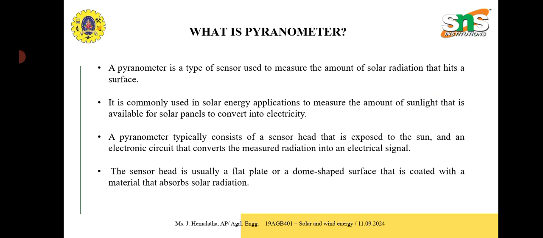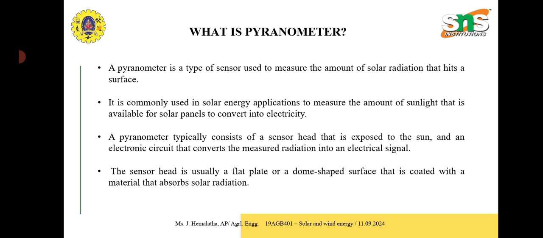Measuring both the components is crucial for understanding the solar energy availability at a particular site. The pyranometer sensor converts this global irradiance into an electrical signal that can be measured. What is a pyranometer used for?